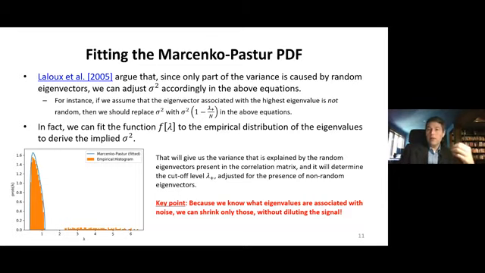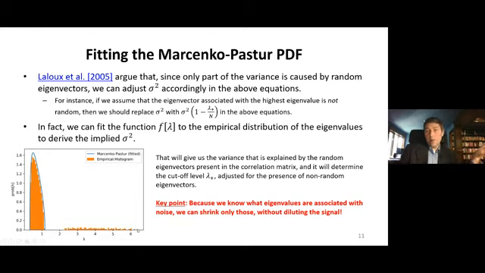We need to fit the Marchenko-Pastur distribution, and that's what gives us this value lambda plus and this value lambda minus. So to answer directly the question, yes, there will be a maximum eigenvalue that we are estimating from our empirical correlation matrix, but that is not lambda plus.